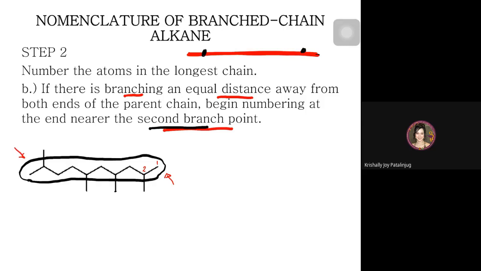Kapag dito ka naman nag-start, on the second carbon, meron ding branch. Now, if that is the case, equal yung distance ng first branching away from both ends, proceed on the second.